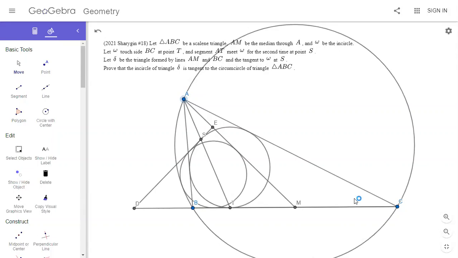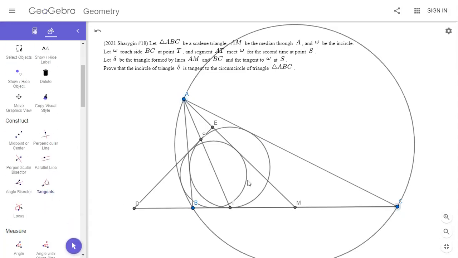Basically, there's a homothety at D taking one circle to the other circle. Let me try something. So if I drew that tangent, then it would be a mixtilinear incircle.